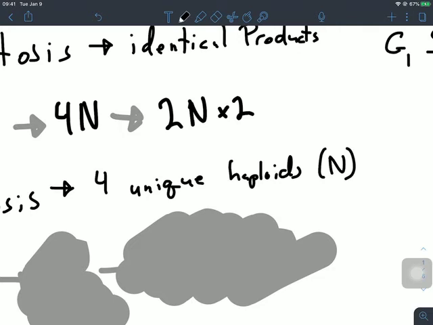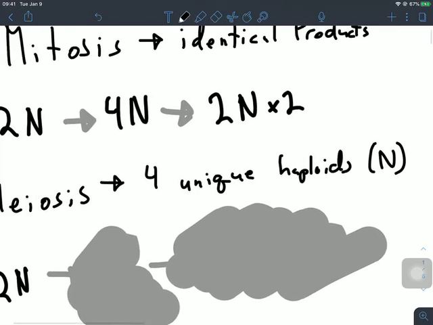So we're going to go incrementally through this process so that way we understand first how to generate the haploids, and then by the end of this lecture, we'll be talking about how they end up completely unique when you've only got the two sets of DNA to begin with.